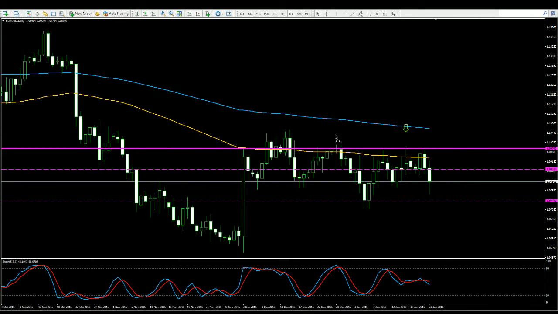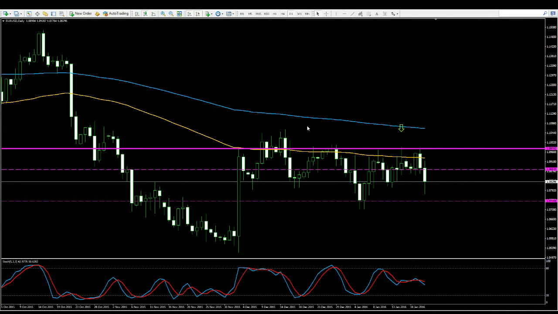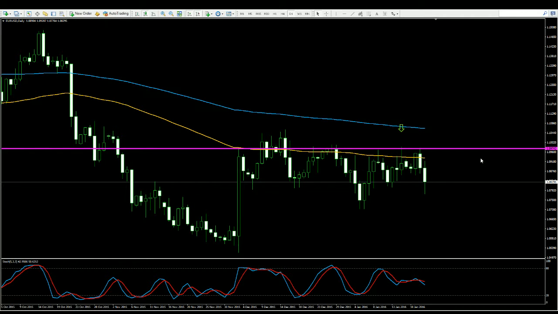So in this case, I have a chart of Euro USD, and as you can see, I have already a line here. Let me remove the other ones. So here we go. I have just one thick line, and this was a resistance. It's been a resistance for a while now.